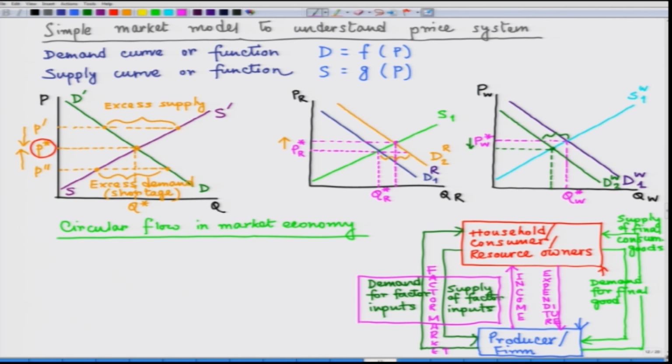Now, there is a market called factor market, where this demand and supply for factor inputs interact with each other. There will be another such market which is for the final goods and services, and it is there where this demand for these finished final goods meets the supply of these finished final goods, and the equilibrium price or market clearing price is obtained.